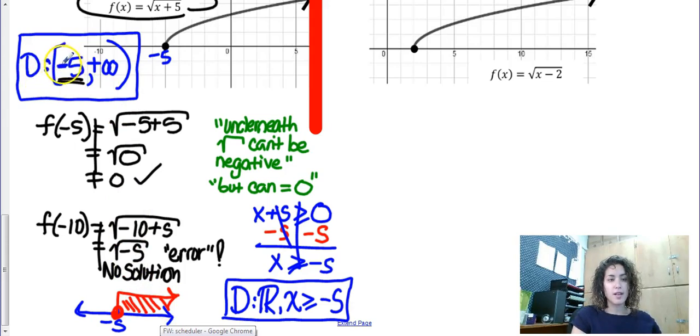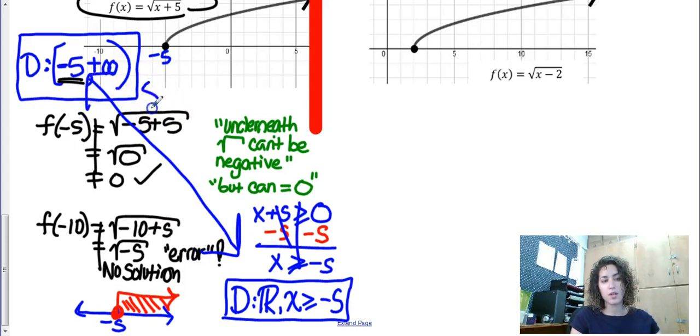Then I look at this, and this says -5 to infinity. Here's -5, solid dot, so I can equal it. And then to the right, forever and ever, is infinity. You don't have to draw this arrow, but I just want to make it stand out.